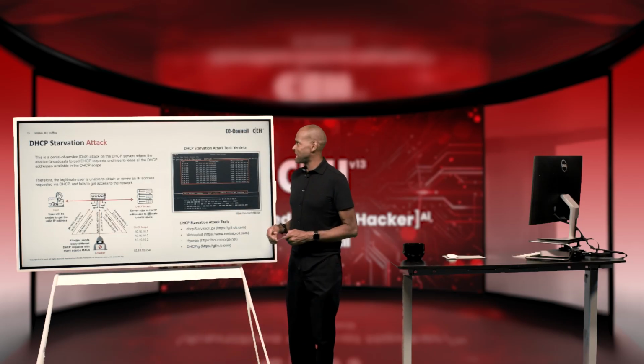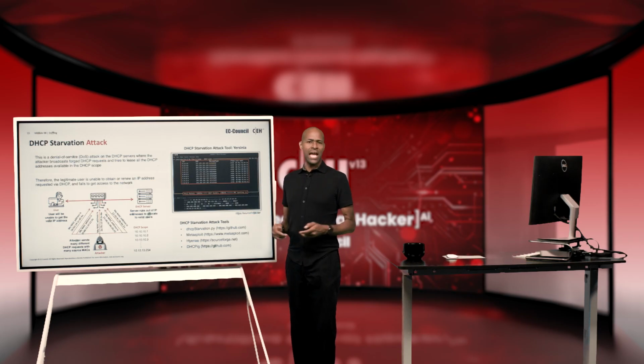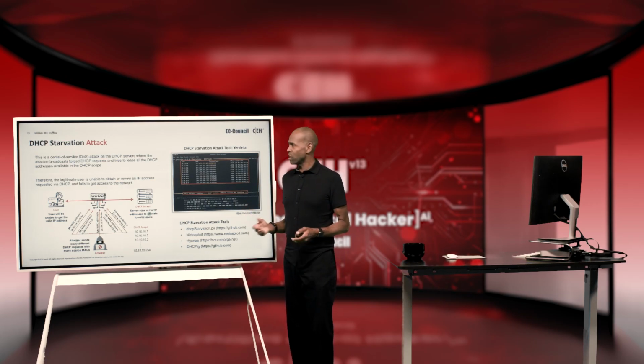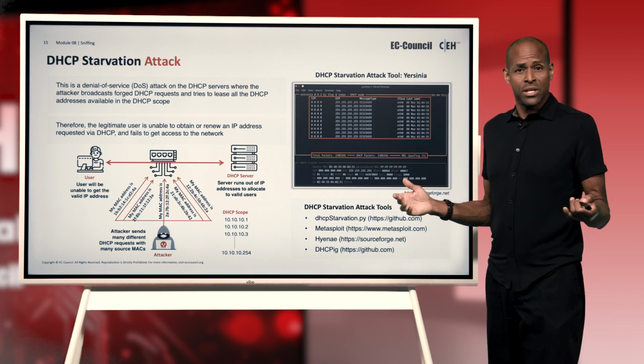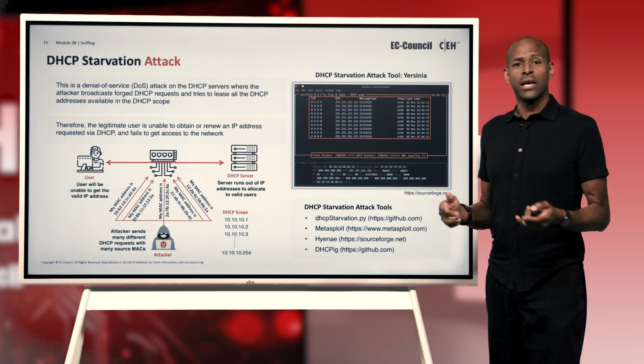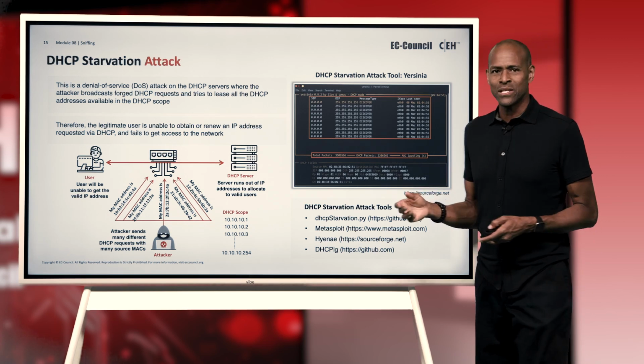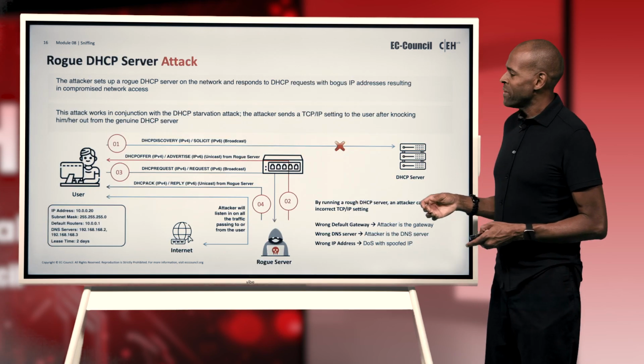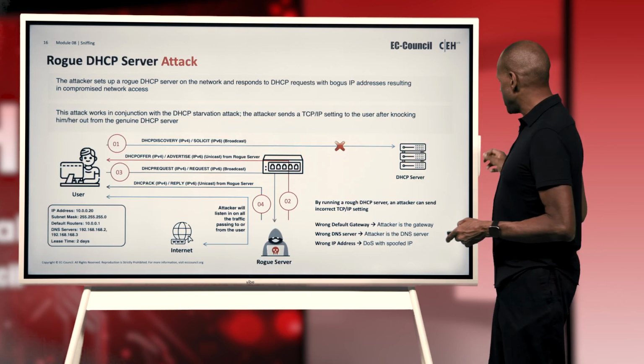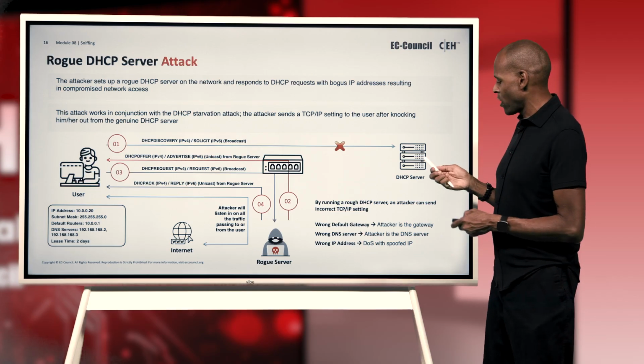There are other types of attacks that we can do. Another one is a DHCP starvation. DHCP, the Dynamic Host Configuration Protocol. What does it do? Well, it dynamically configures hosts with IP addresses. So what happens with DHCP is you have what's called the DHCP DORA.